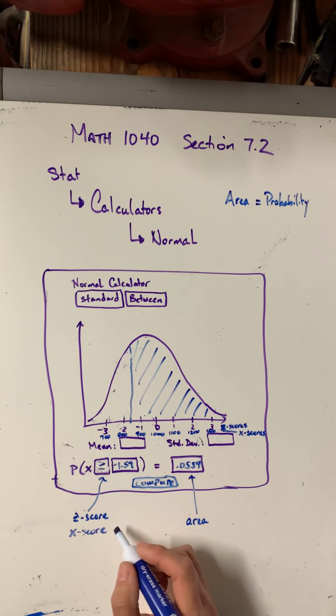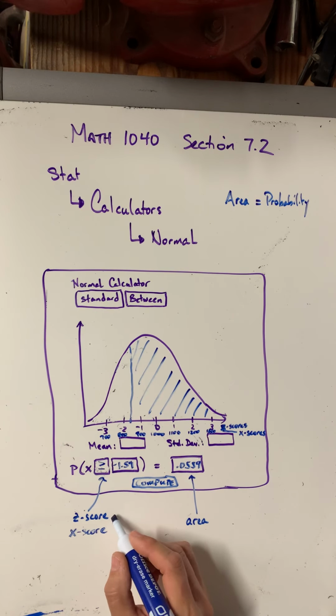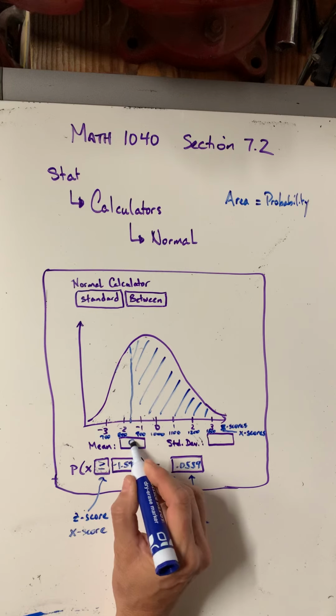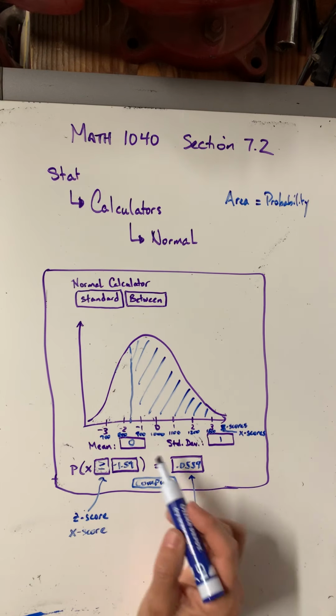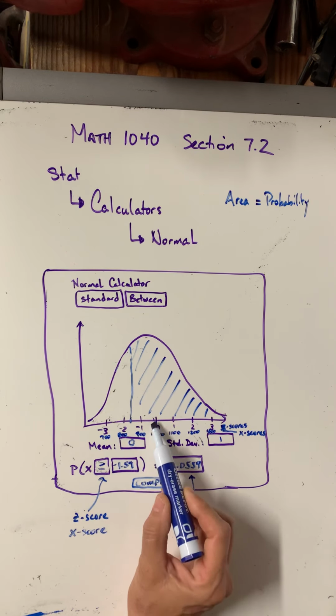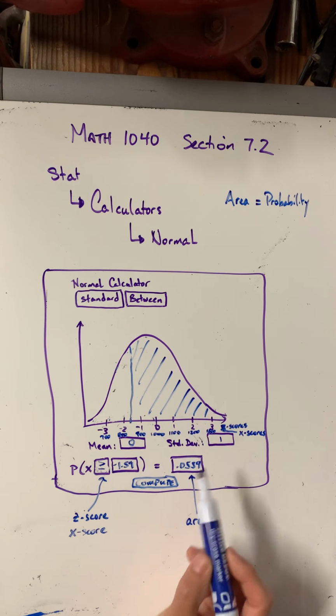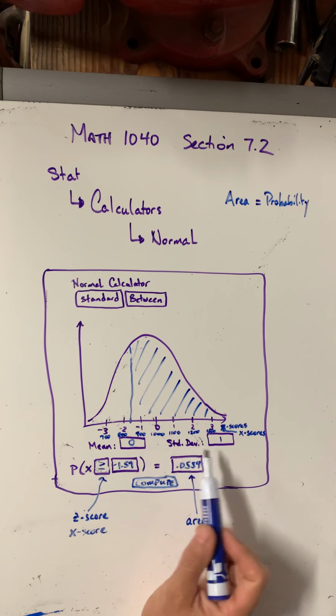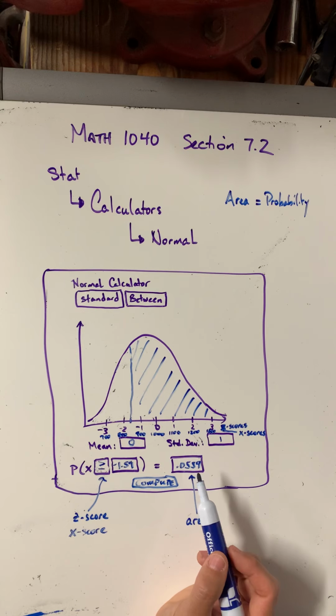If it's a z-score, then the mean, which is already inputted, is 0 and the standard deviation is 1, because we're using these numbers. Those by default are already input into the calculator, okay?